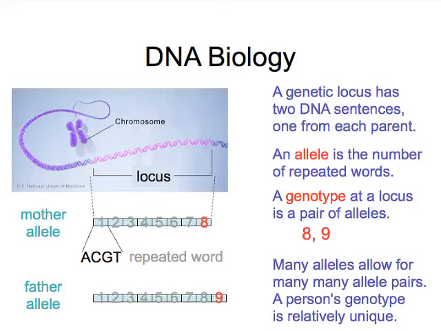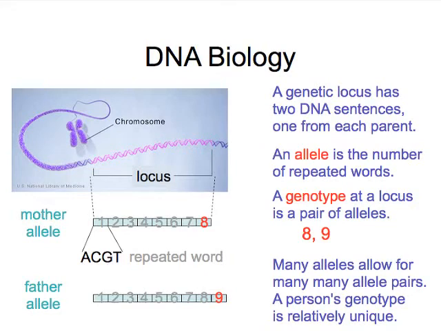Okay, so here are the 2 sentences, and the alleles that we care about in forensic DNA are taken from junk DNA, and they're just repeating units of 4 letters, ACGT, ACGT, some number of times. If that pattern repeats 8 times, then there's a certain length that repeat pattern has, and the allele is 8. And then from the other parent, you may get the same or a different number, and maybe that's 9.